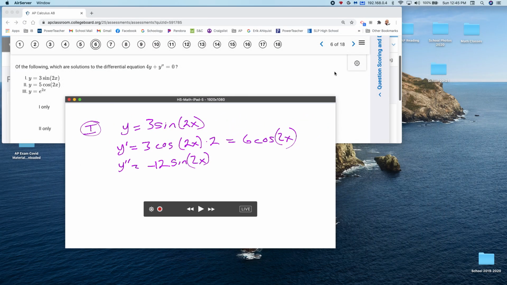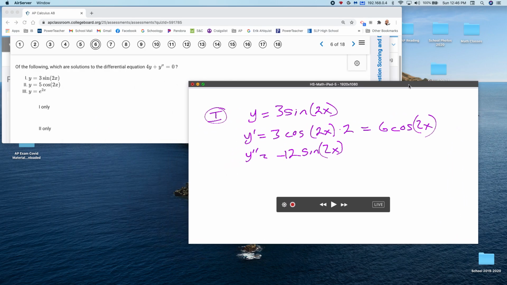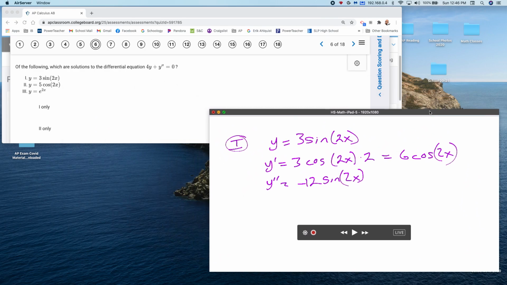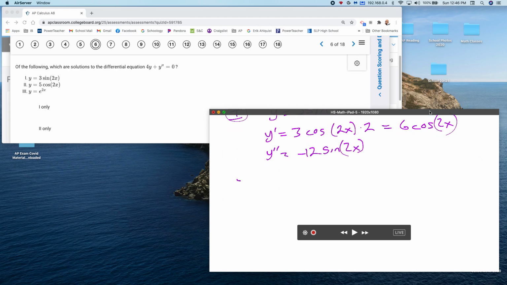Sorry, I hit a bad button there. So if I'm looking at this, what does that get me? Here's what it gets me: 4 times y minus 12 sine 2x, which is y double prime. Does that equal 0? And the answer is yes.